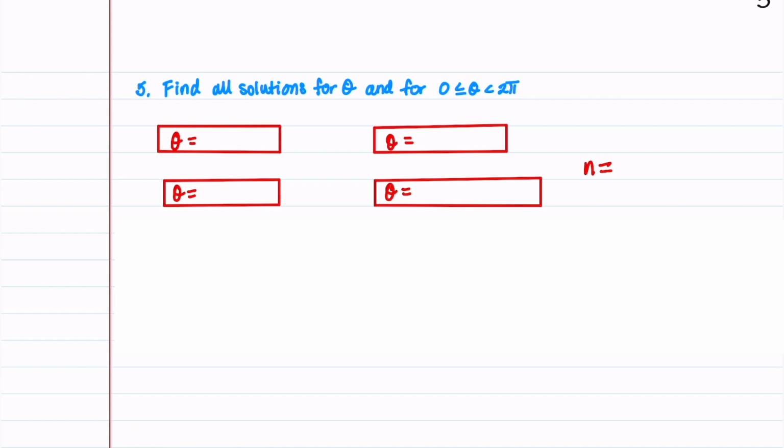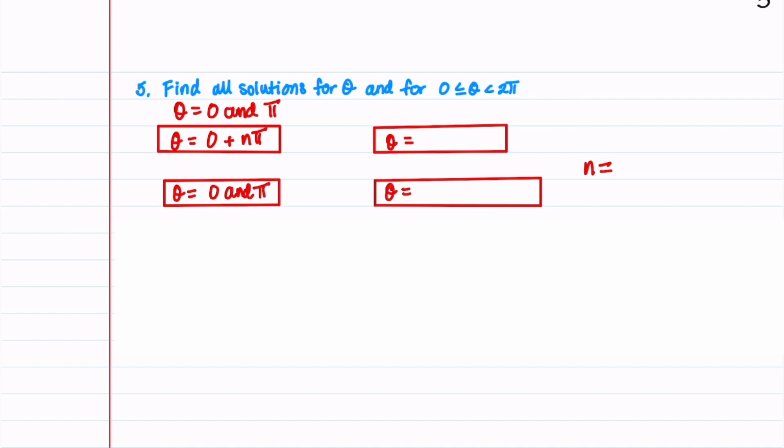From our first equation, we saw that theta was equal to 0 and pi. Let's just put that up here. So theta is equal to 0 and pi. And we can write this together and say that theta is equal to 0 plus n pi. So between 0 and 2 pi, theta is equal to 0 and pi.